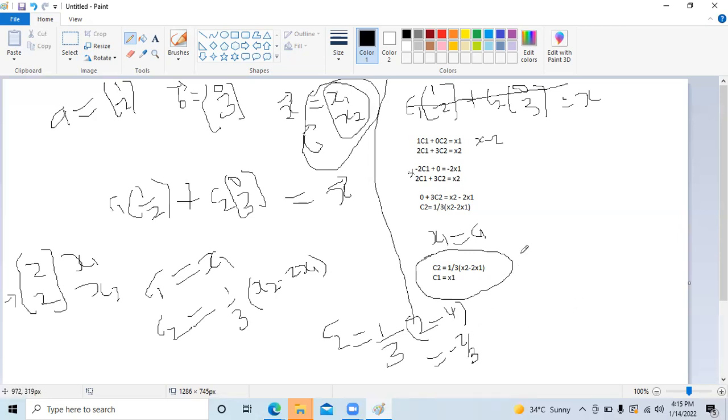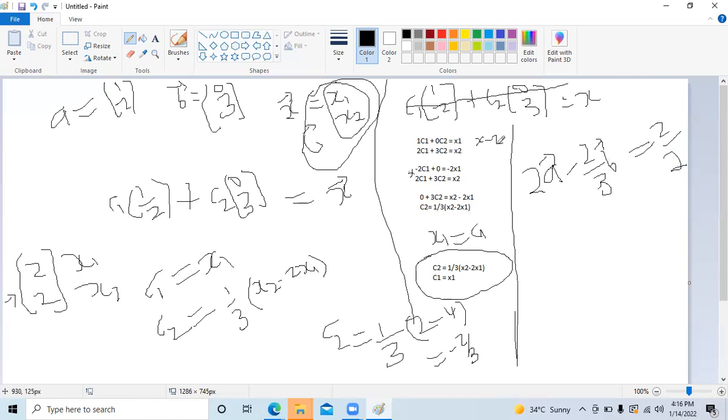So now let's go and verify it ourselves. 2a minus 2 over 3 b should give us 2, 2.